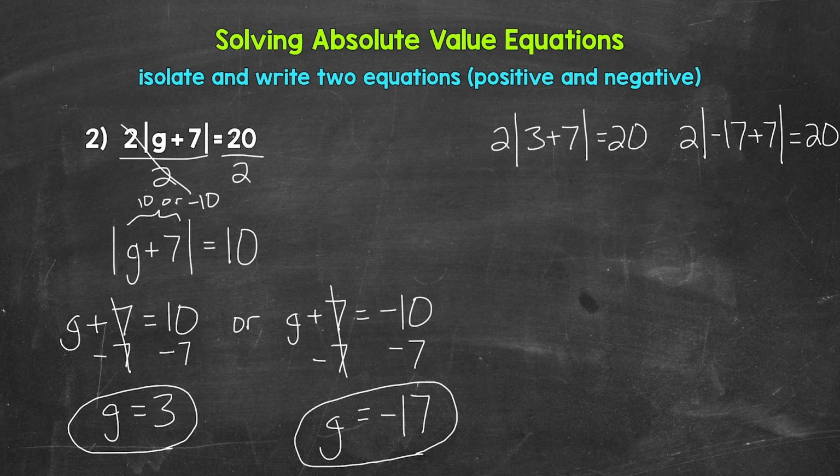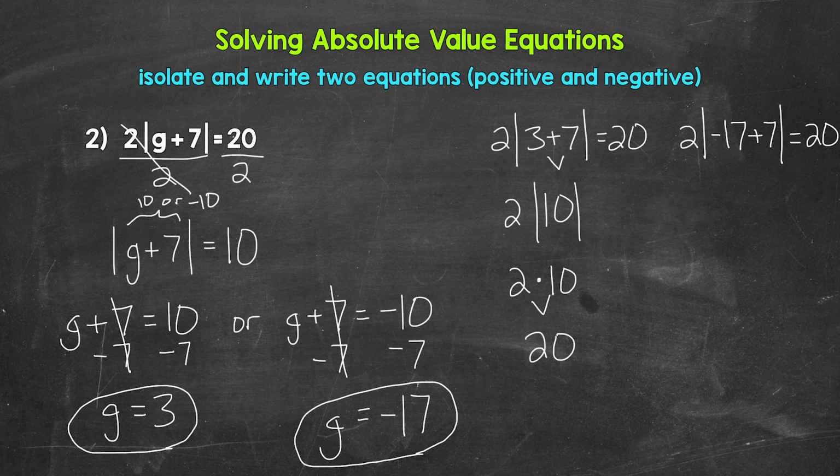And let's start with 2 times the absolute value of 3 plus 7. 3 plus 7 is 10. So we have 2 times the absolute value of 10. The absolute value of 10 is 10. So now we have 2 times 10, which is 20. So we are correct there.